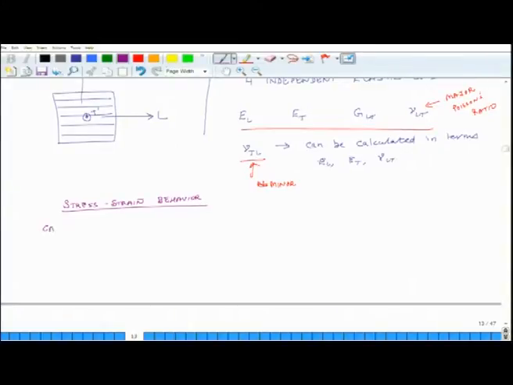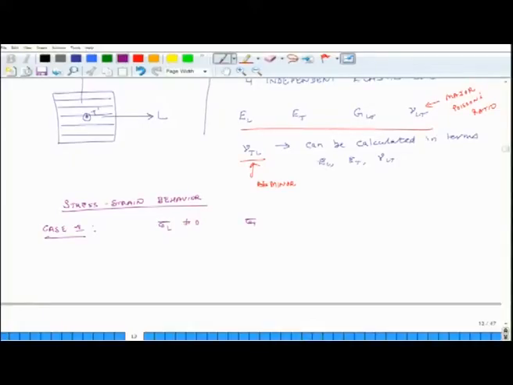Case 1. So, if sigma L is not 0, in this kind of material we can apply 3 different types of stresses: sigma L, sigma T and tau LT. Those are the 3 things.